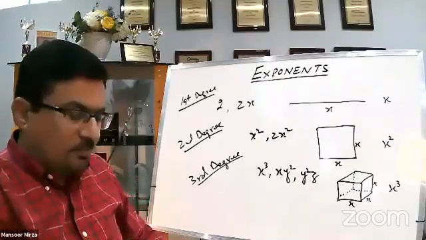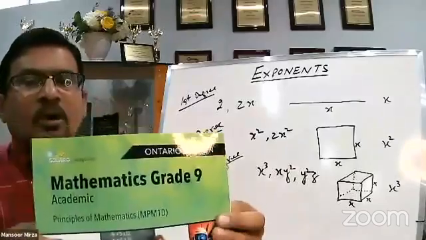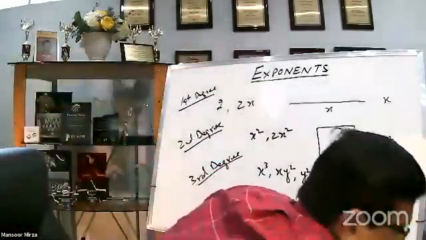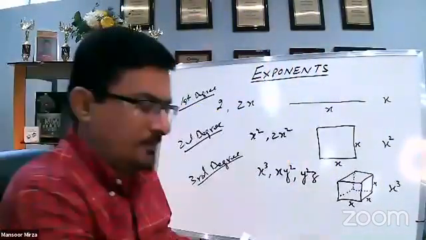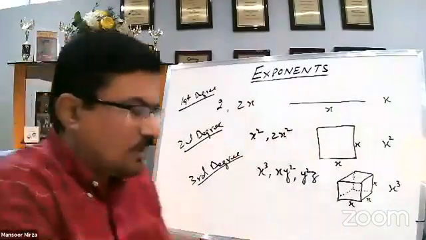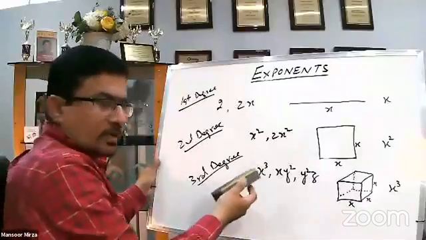Once again, I keep showing this book again and again. If somebody joined me just now, this is the book I am using for grade 9. And once again, for the people in grade 10, this will be the book I'll be using for grade 10. So now I will take you through some examples for solving these first degree, second degree, and third degree questions.